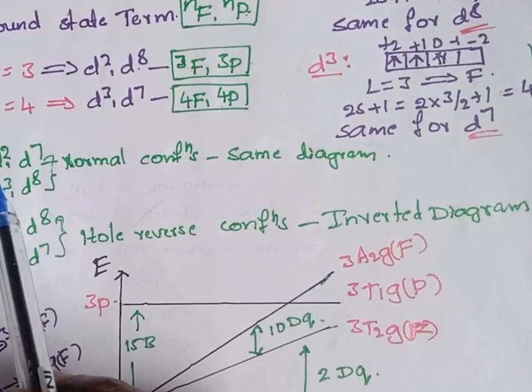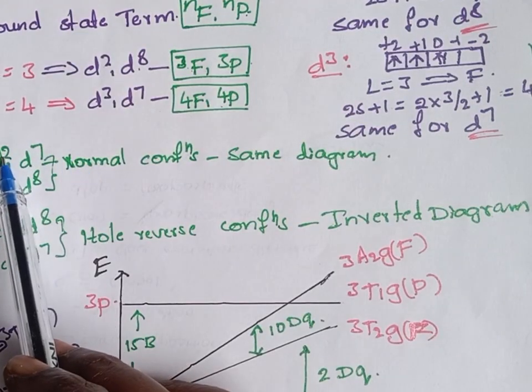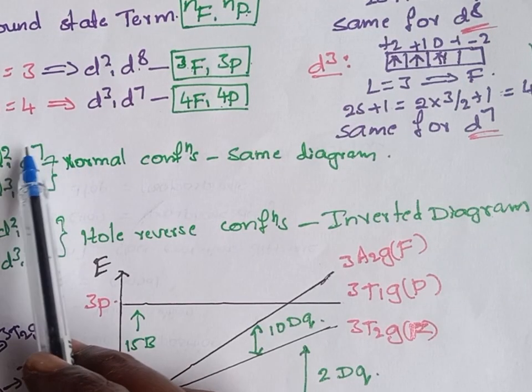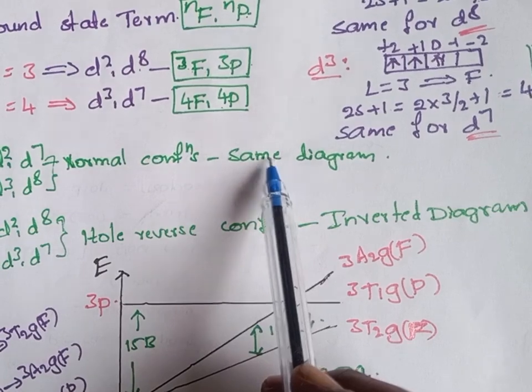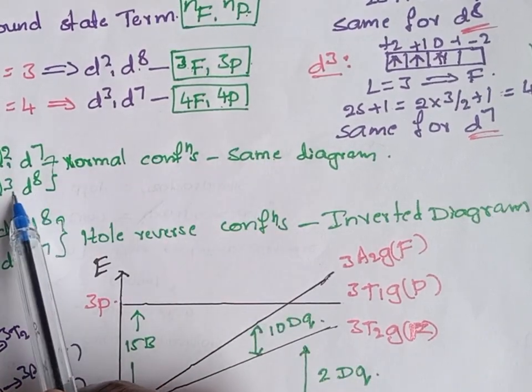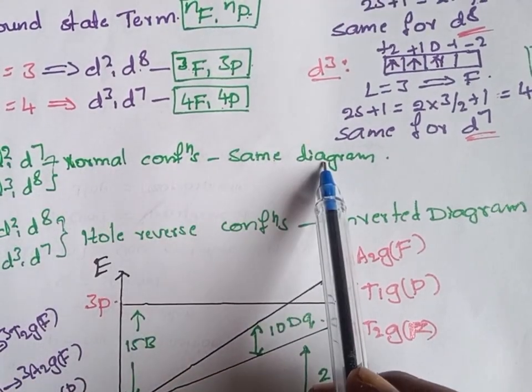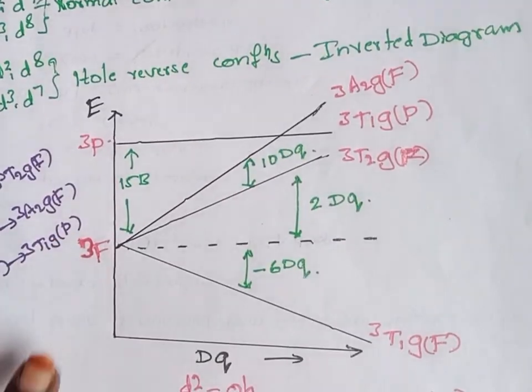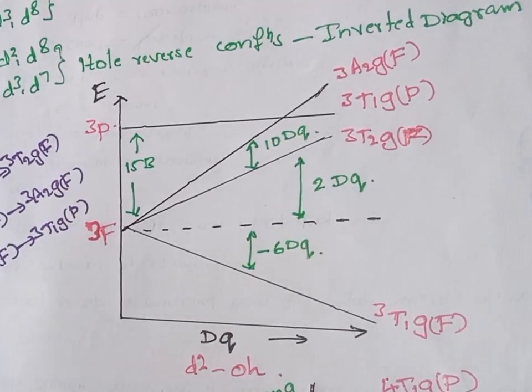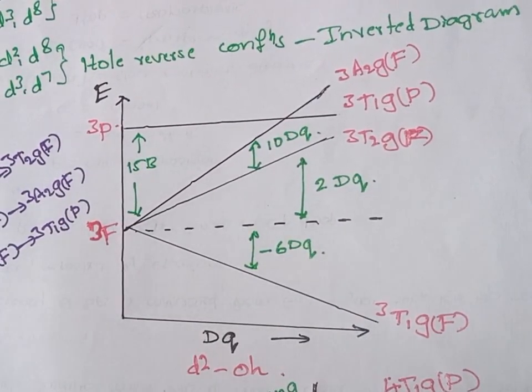Okay. So D2, D7 normal configurations, D and D5 plus n, right? So D2, D7 will have the same diagram. D3, D8 normal configurations will have the same diagram. So if we construct for any one electron configuration, we construct for 4 configurations simultaneously.